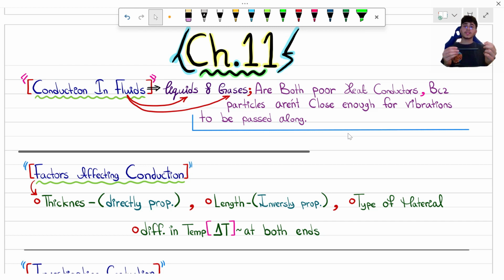When heating, the particles need to vibrate and bump into each other from atom to atom to transfer heat and reach thermal equilibrium throughout the whole material. But the problem in fluids is that the particles are very far from each other compared to a solid. This is why it is very difficult for the vibrations to pass along, and this is why they are very poor conductors of heat, and conduction does not relatively take place in fluids.